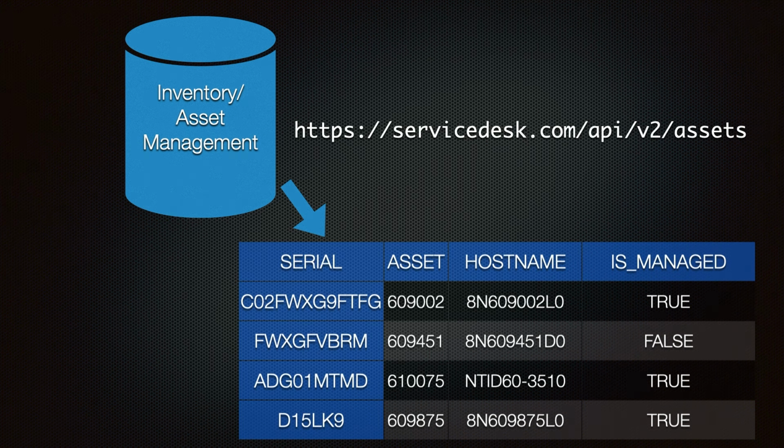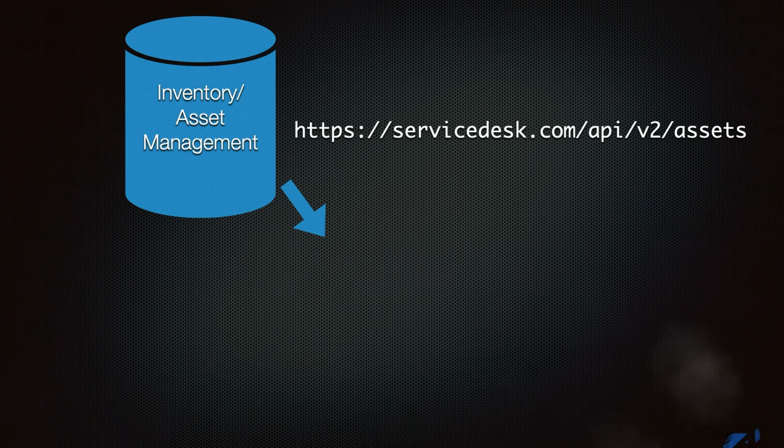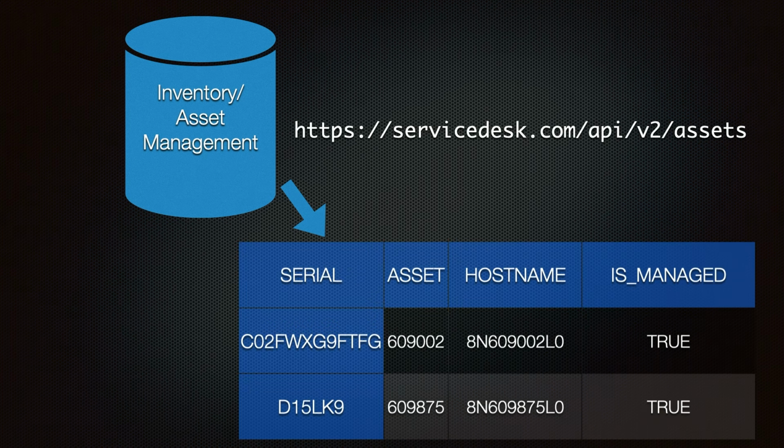We have a business rule that states if a device is marked in inventory as unmanaged, it's not subject to encryption reporting because we have no way of verifying its status. These are generally assets that are never on the network. Likewise, we're not required to encrypt machines in a computer lab. Those have a different hostname convention. After getting rid of the records we don't need, we have just the machines that should be encrypted.